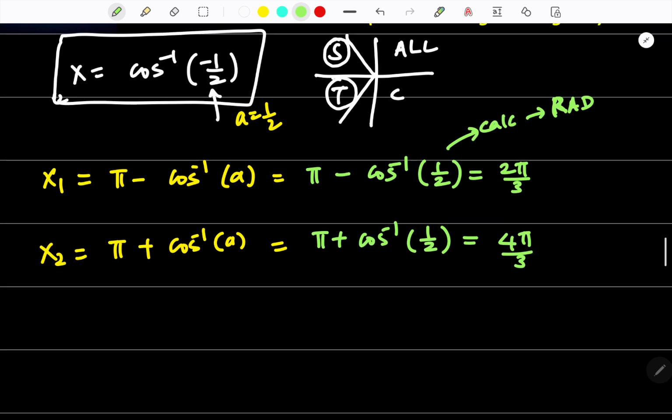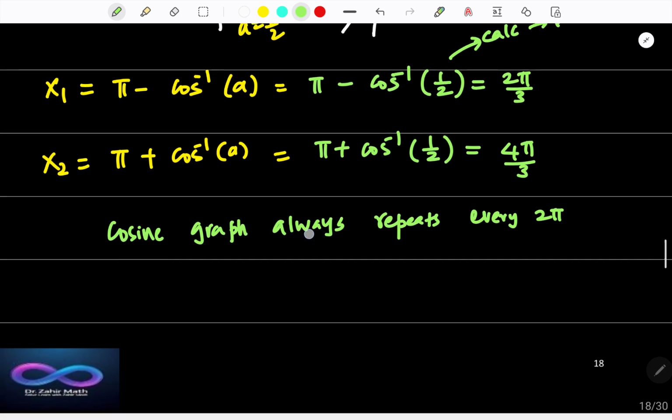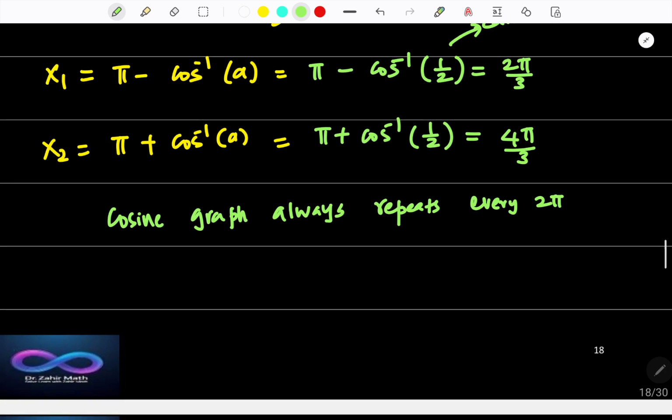No. Cosine graph always repeats every 2 pi. It will repeat every cycle, it will complete. So if every time it's repeating, suppose x is a solution, right?